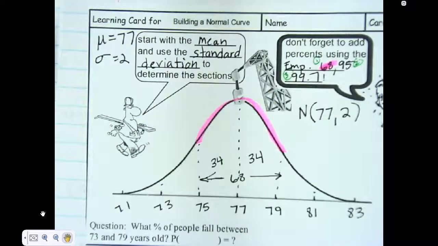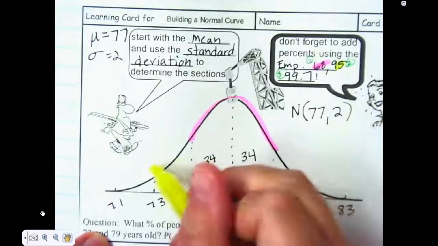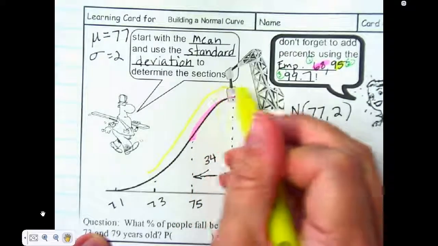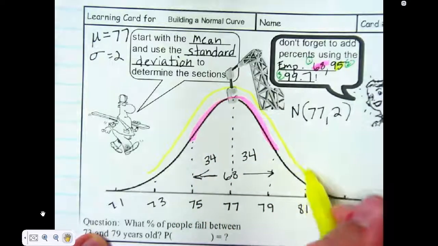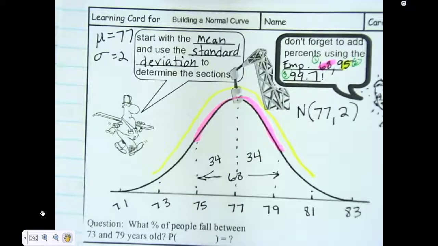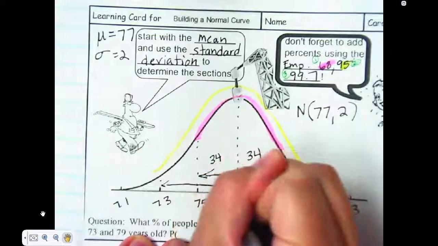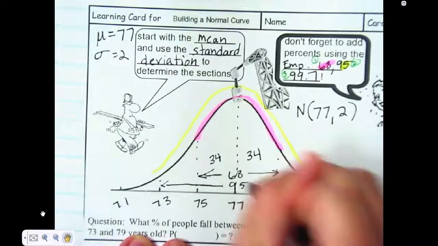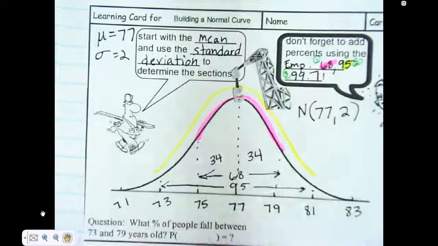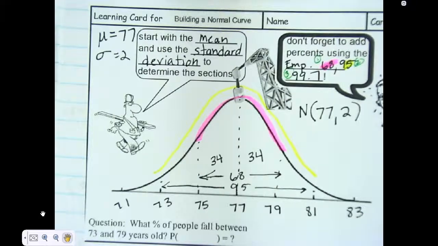Now, if I want to talk about 95%, 95% of the data is within 2 standard deviations of the mean. So there's 2 standard deviations right there. Again, I can say 95 goes from here to there. Now, if I want those little sections, what I can do is take the 95 minus the 68 and divide that by 2.